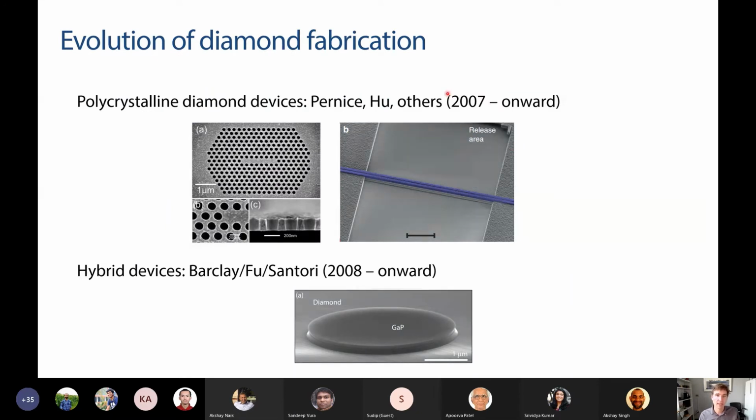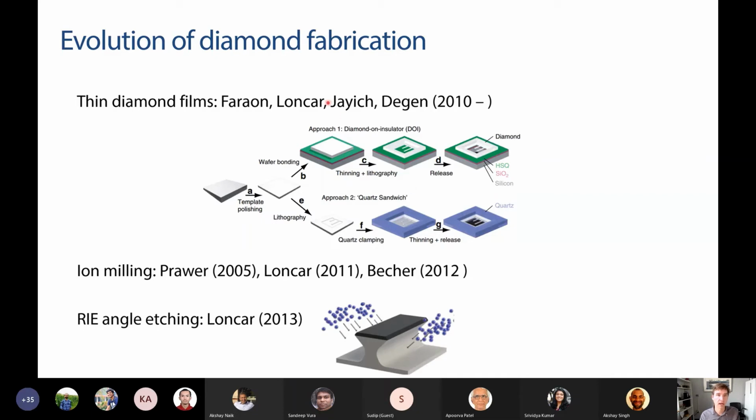So over the last decade or so, there's been a lot of progress in creating diamond photonic devices. Some early work focused on making photonic devices from thin films of polycrystalline diamond, but these tend to not support NV centers or other spin qubits with good properties for reasons that maybe we're still trying to understand. And as a result, since then, there's been a lot of focus on creating devices from single crystal diamond, ranging from hybrid approaches where we combine diamond with another material to create a hybrid device.